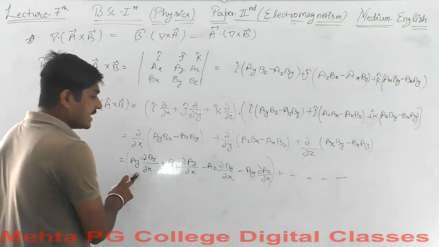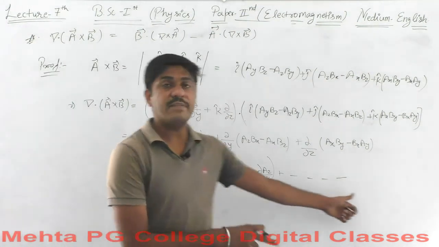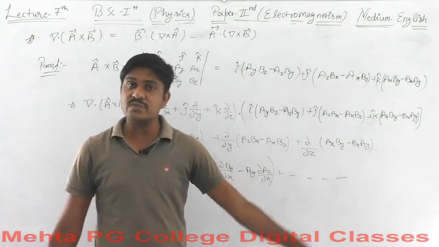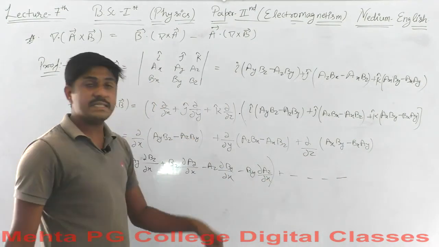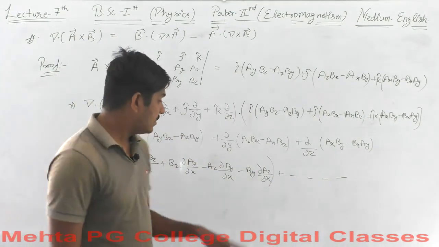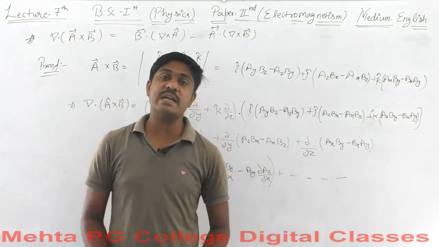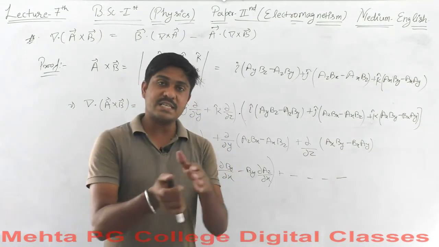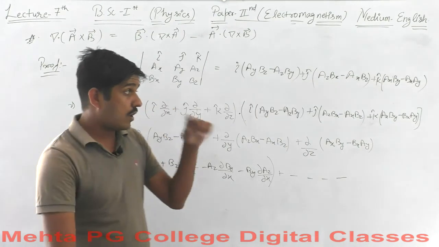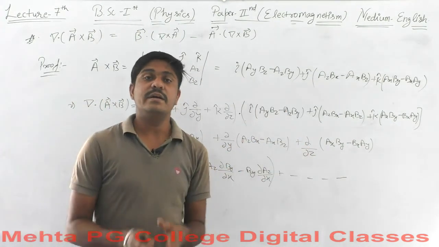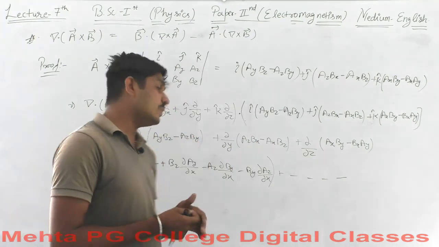You see AY, then you will find AY somewhere else. You see BZ, you will find two components for BZ. You see AZ, you will find components for AZ. You see BY, you will find components for BY. Similarly for AX, AY, AZ, BX, BY, BZ, 6 plus 6, there will be 12 components for you.